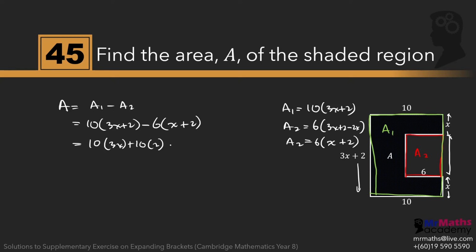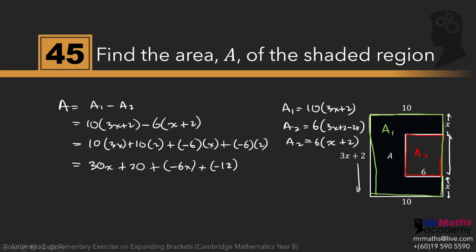We have a minus here, so I'm going to put a plus and then minus 6 times x. And again, plus minus 6 times 2. So that is 10 times 3x, that is 30x. 10 times 2 is 20. Plus minus 6x. Plus minus 12.